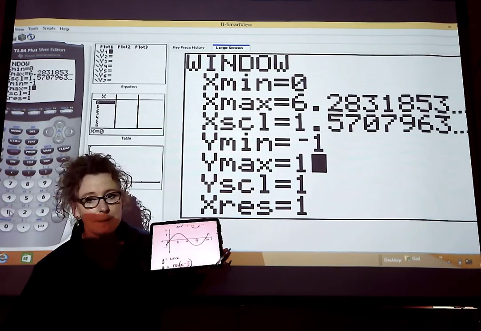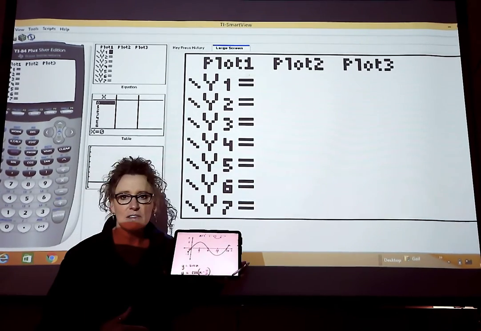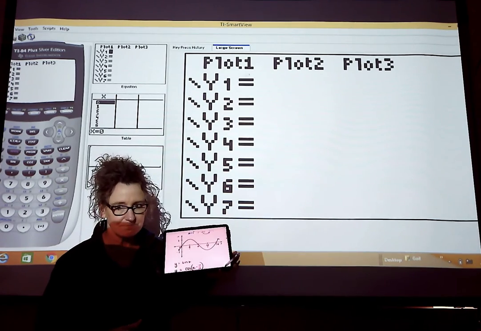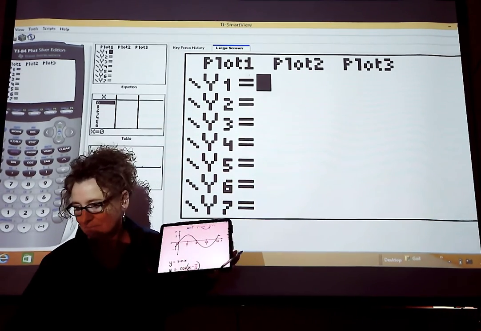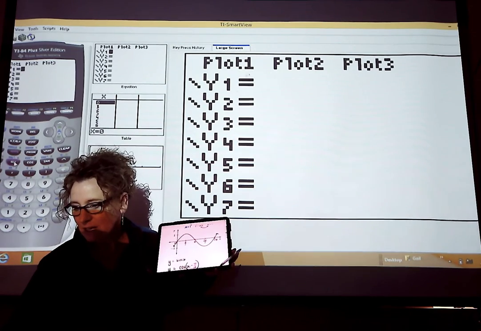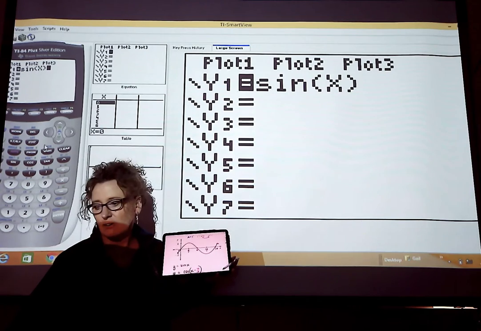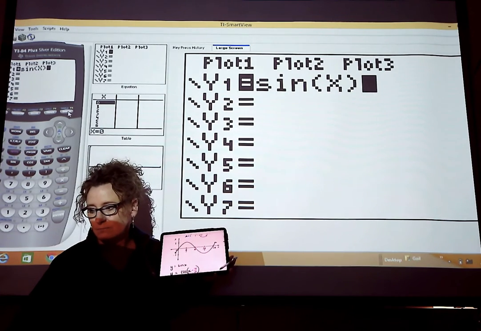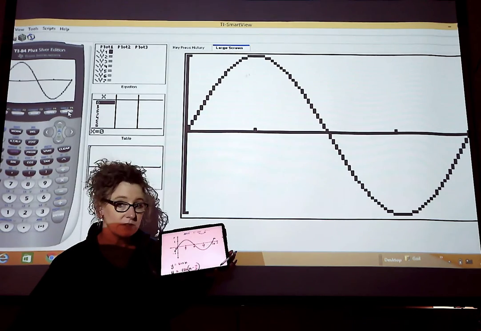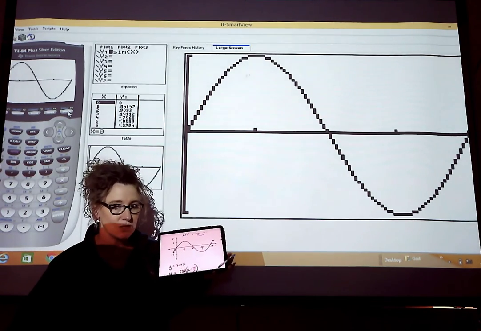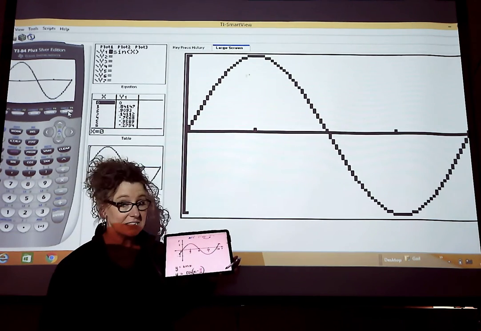Ready? Now go to y equals, clear out anything that's already there. I'm going to type in sine x, and just for fun, I'll graph it. Does this graph match what you see on your notes? It does.